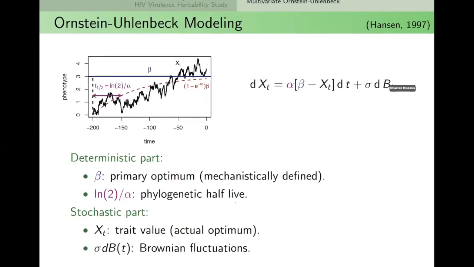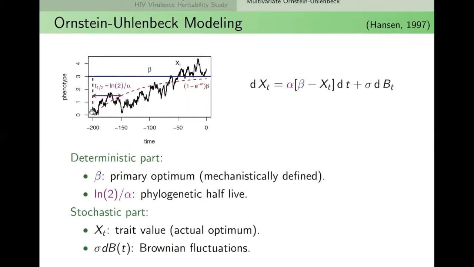So the next simplest process I can imagine is the Ornstein-Uhlenbeck process. The idea is that you still have this Brownian stochastic part here, but you add this recall term. So beta would be interpreted as some kind of optimal value for the trait in a given environment.